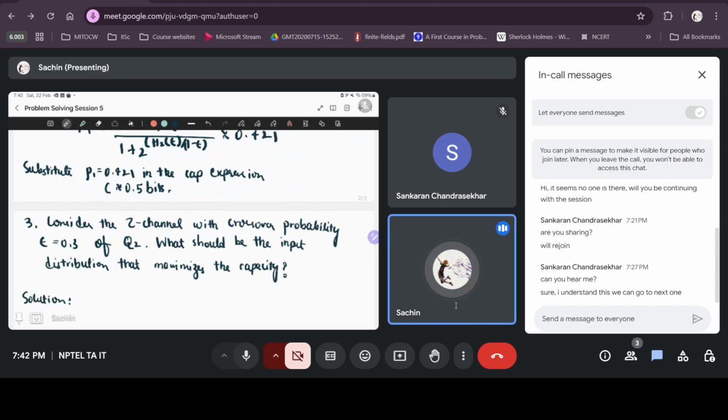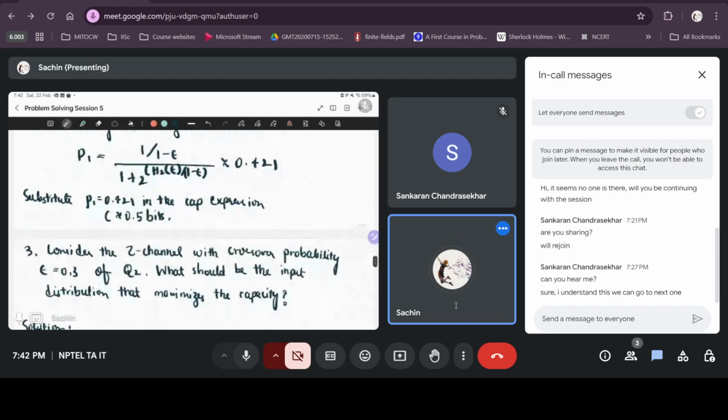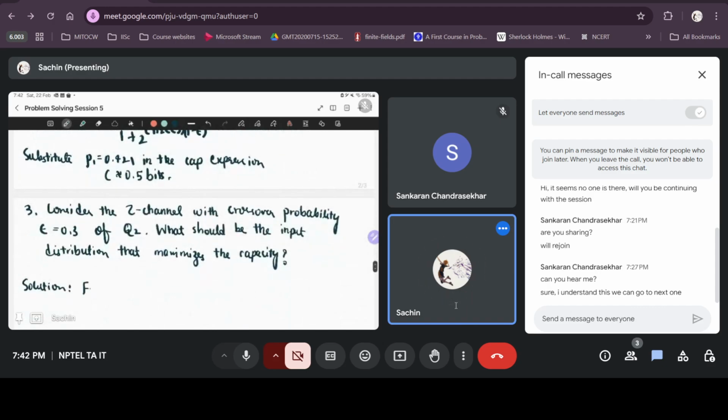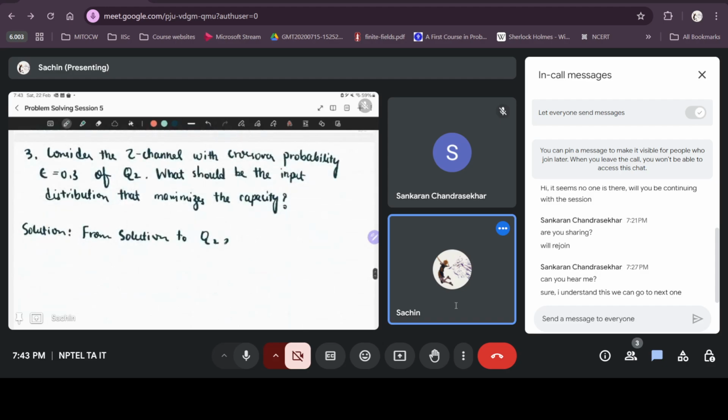So we already solved it in the previous question. From solution to Q2, capacity was maximum when p1 is approximately 0.421.